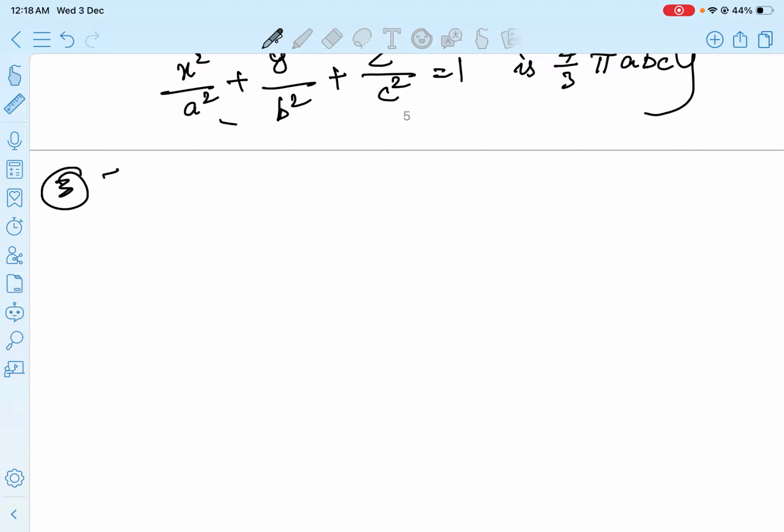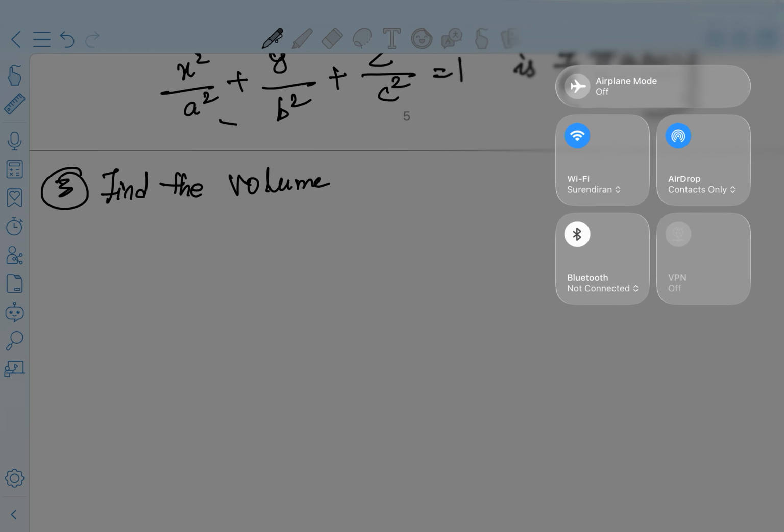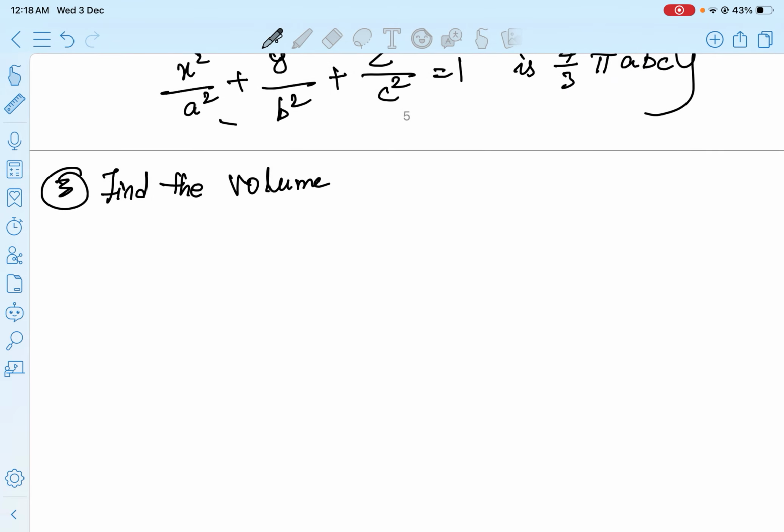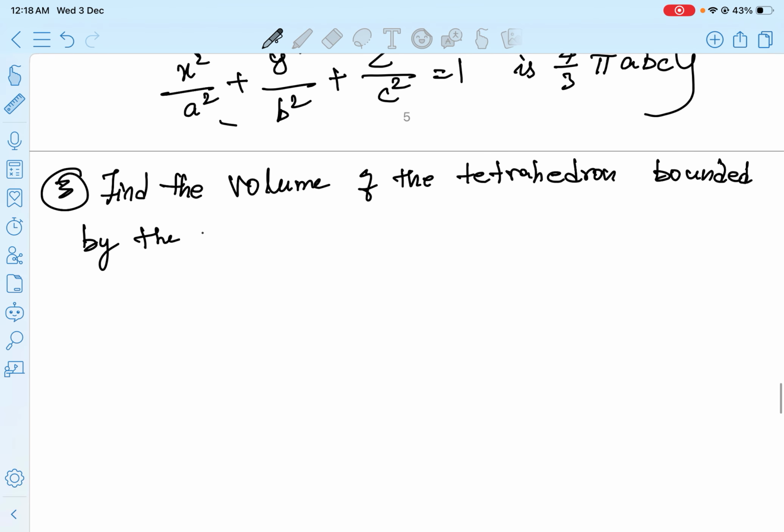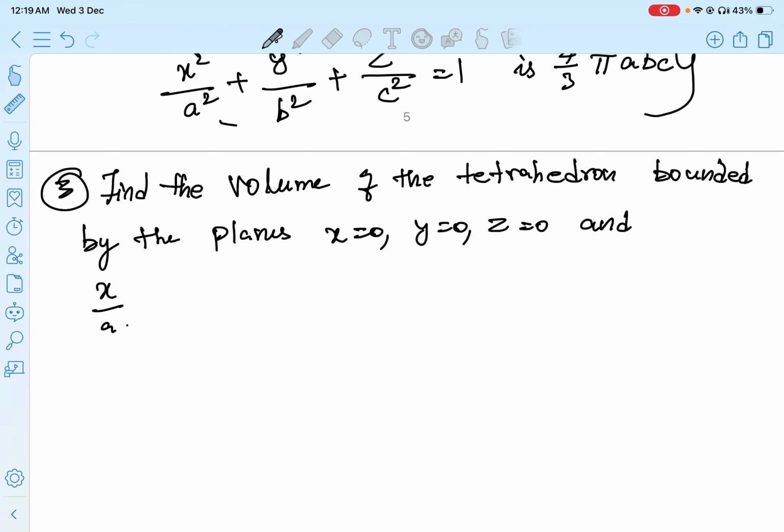So find the volume of the tetrahedron bounded by the planes x equal to 0, y equal to 0 and z equal to 0, and x by a plus y by b plus z by c equal to 1.